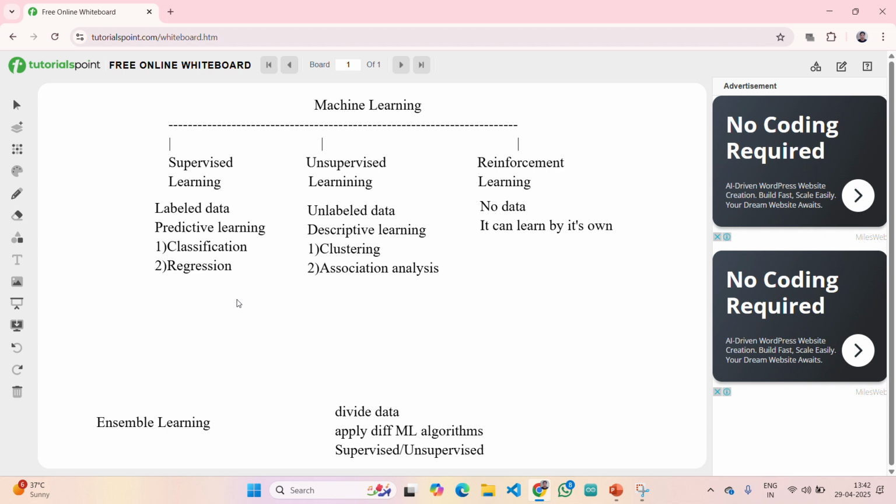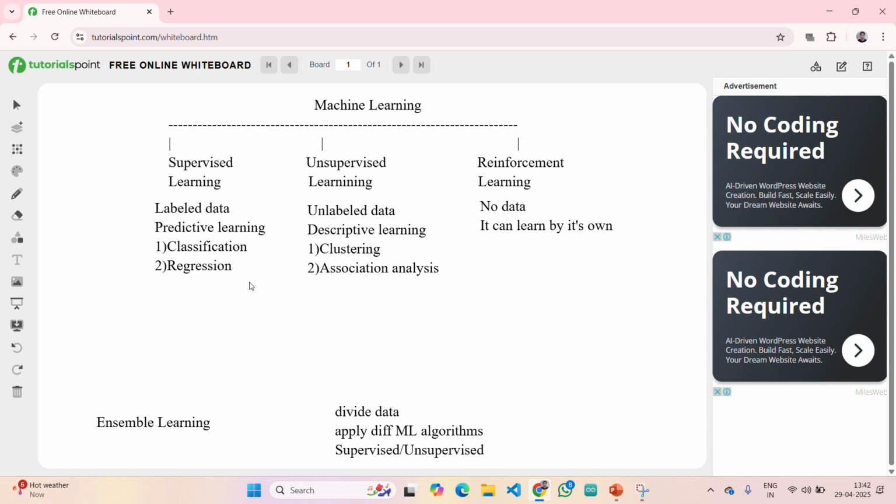Such a concept is known as regression. For regression, as I told, we use mathematical equations, and probability and statistics functions for regression analysis.